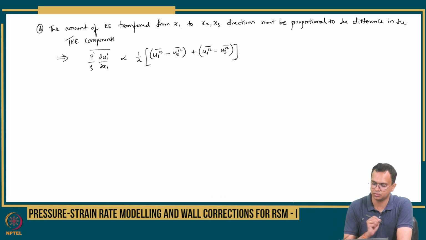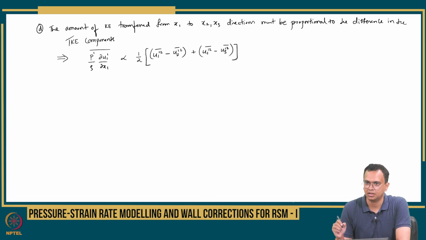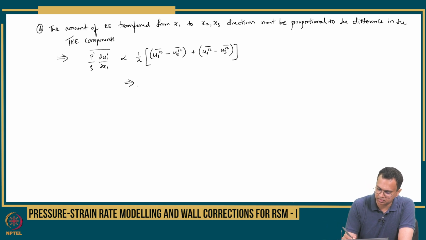I am relating this to the difference between the components in the TKE, right. So what does this imply? We are achieving the model here. So I would get essentially half of, or if I sum it up, I get u1'² minus half of u2'² plus u3'².